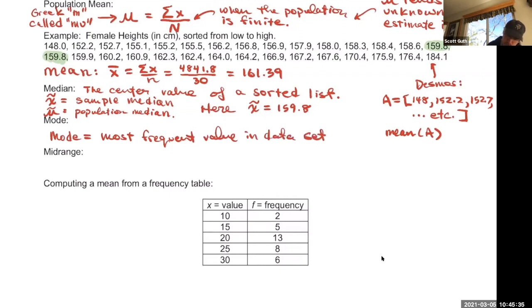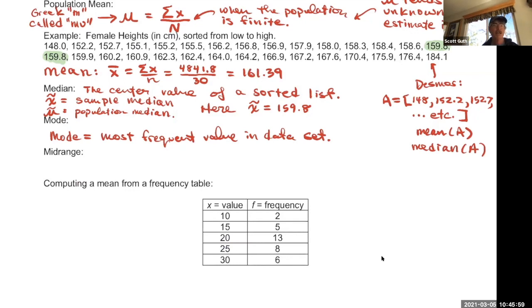Now, you have to just find this yourself. So, let me put my median command down here for what I was talking about with Desmos. So mean A, median A. For the mode, I looked and there's no command for that in Desmos. So you're just going to have to spot that yourself.